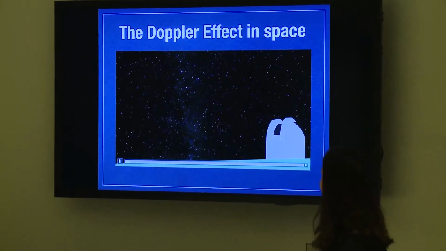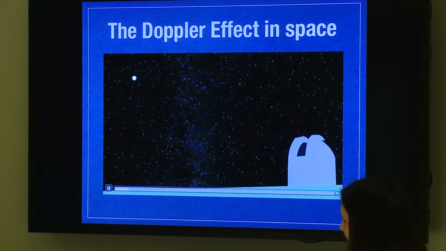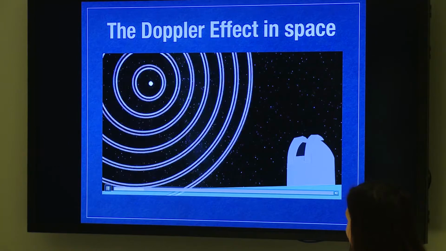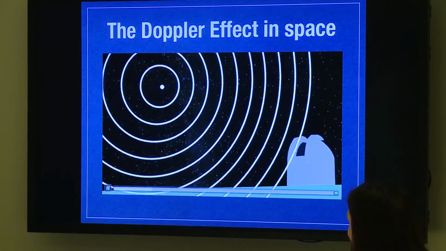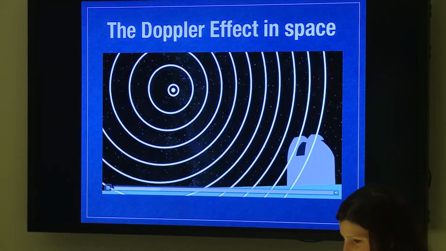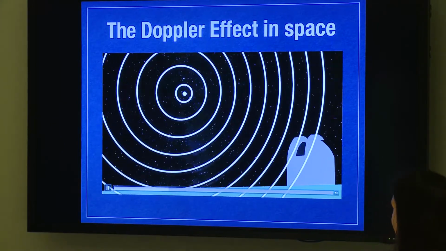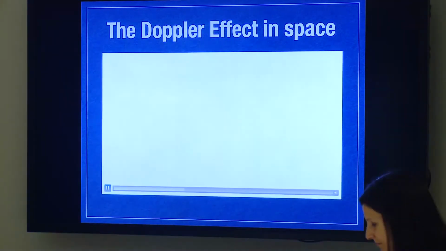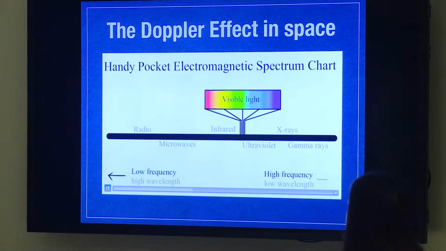Observatory and you see a star. Just like the car's sound waves, if the star is moving towards you, even just a little bit, the light waves that it emits will be bunched up, meaning that you see the light at a higher frequency than it actually is. Frequency in sound is pitch, so what does it mean for light? Well, if we look at our Doppler electromagnetic spectrum chart, we'll see that a small change in frequency for visible light will change its color.